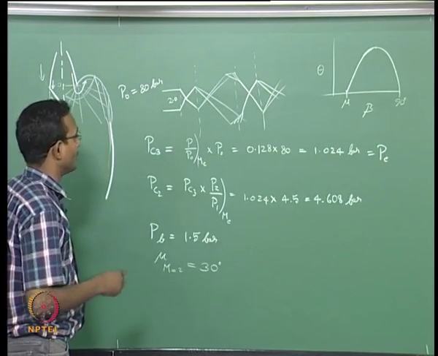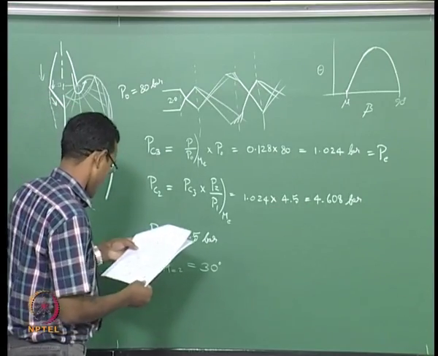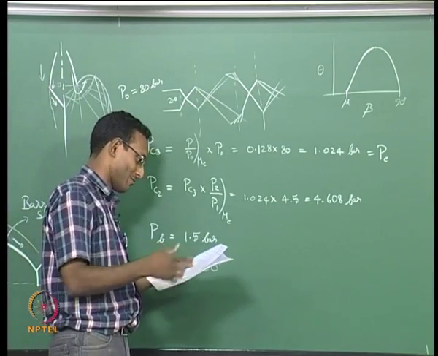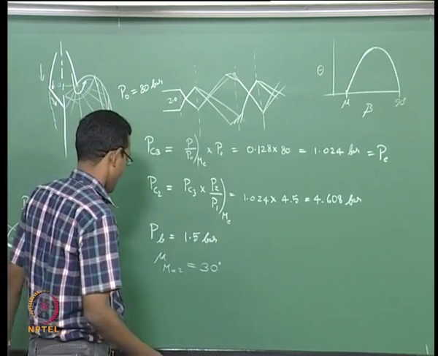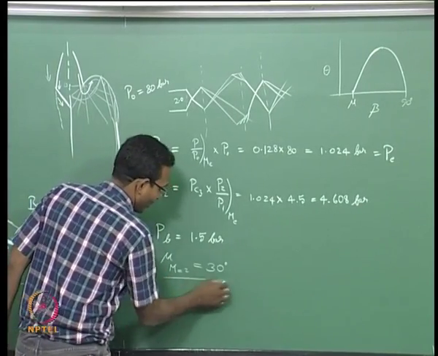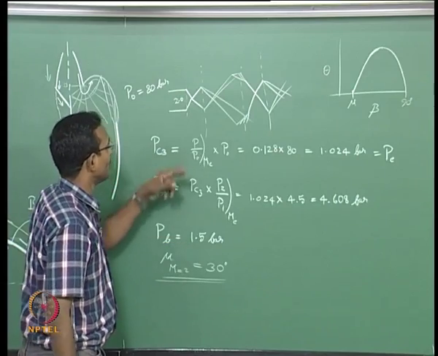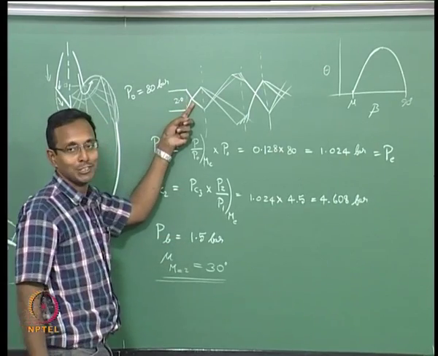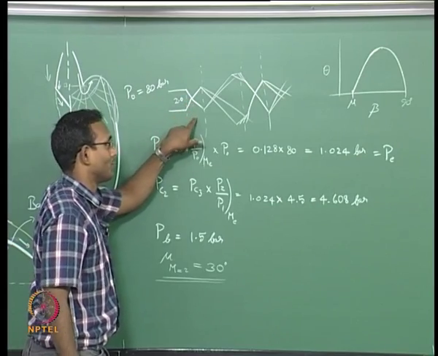So now I have to go through this iterative process, which I don't have time for today. The iterative process goes for like 5 columns and so many rows. We'll do it next time. But I have to guess something close to this because I know my final answer is supposed to be close to a Mach wave instead of an oblique shock. If it is a Mach wave, then my pressure will be 1.024 bar.